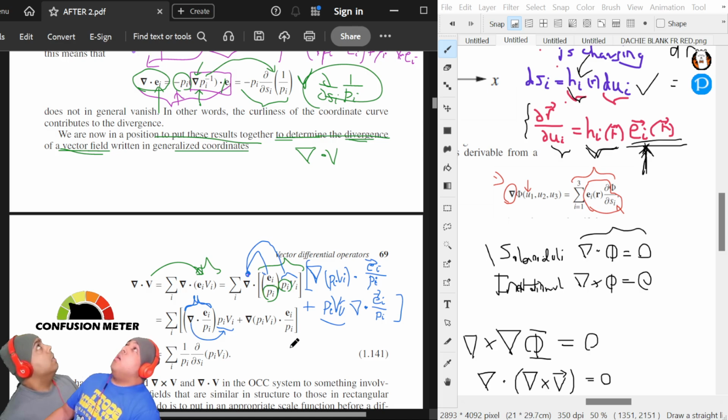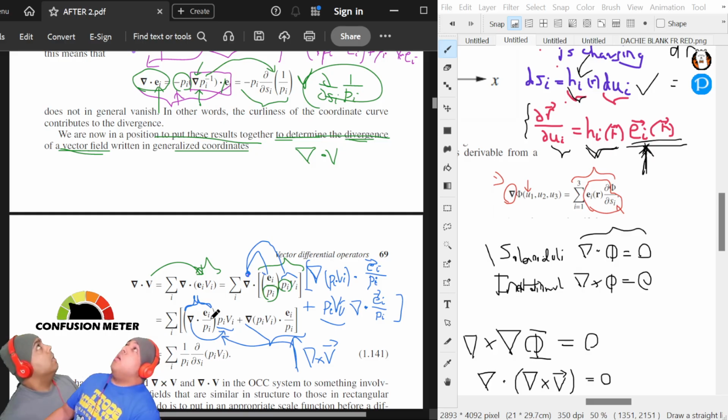What can we do now? I think one of these guys disappears because this is actually this in disguise or something. And the divergence, wait, no, this isn't the divergence anymore. So maybe I'm talking about this guy.